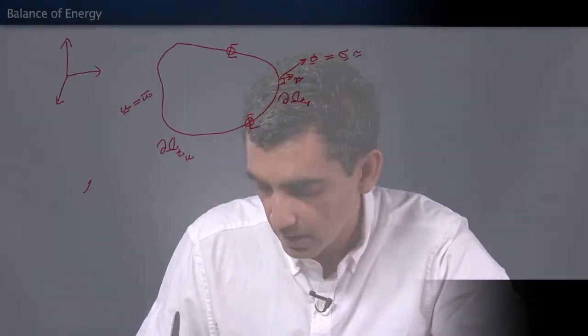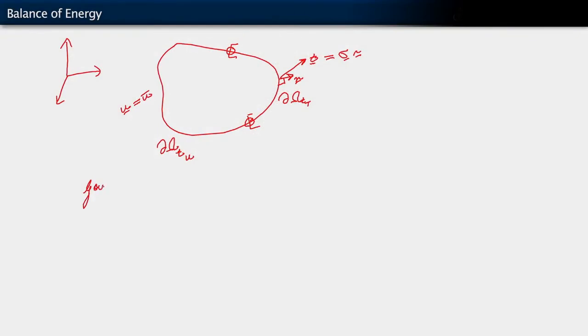However, the governing equations of mechanics, which are the following, right? One of the governing equations is the balance of linear momentum, which is rho.